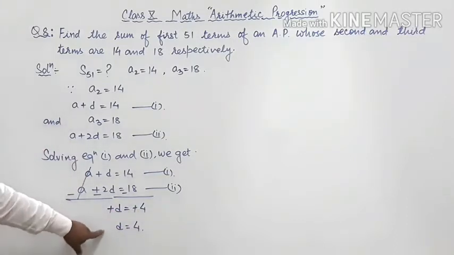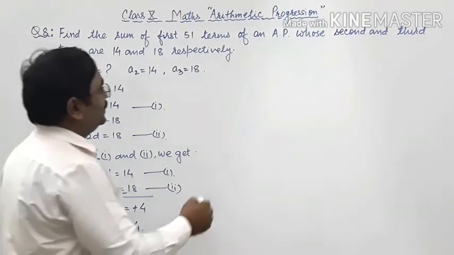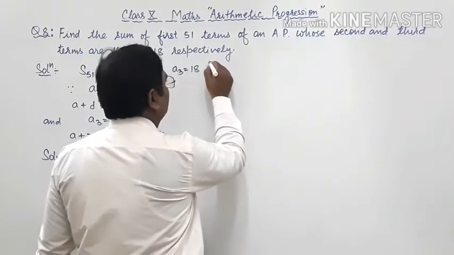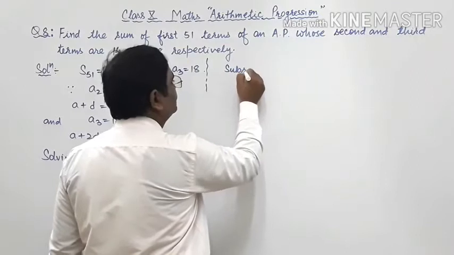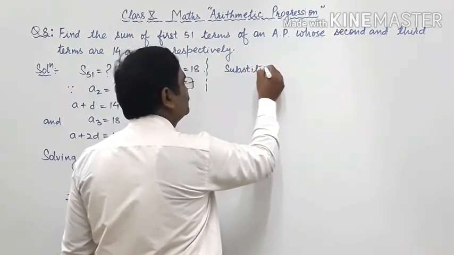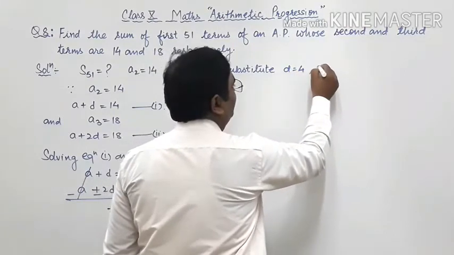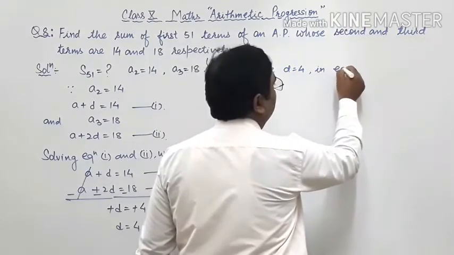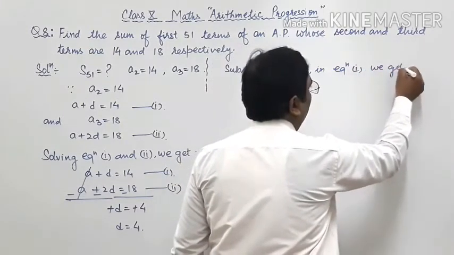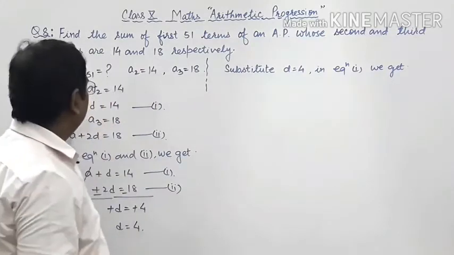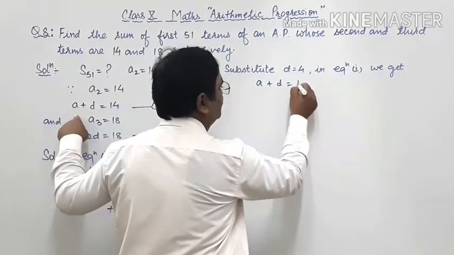Now substitute D is equal to 4 either in the first or in the second equation. Substituting D is equal to 4 in equation 1, A plus D is equal to 14.